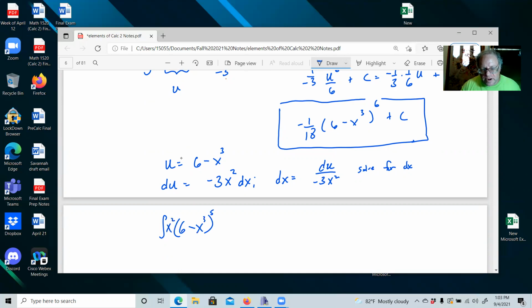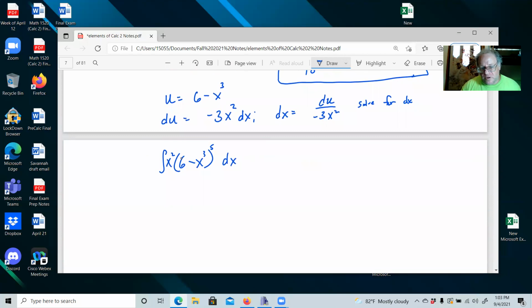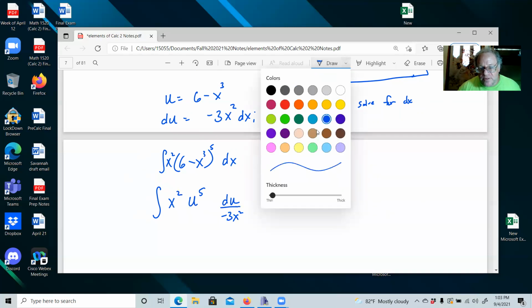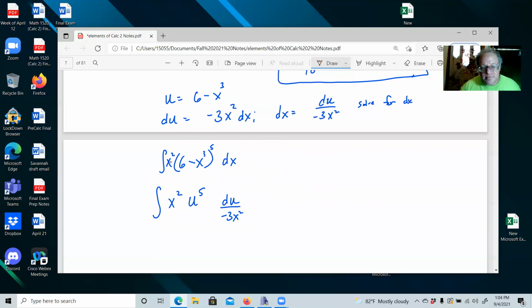We have an x squared here. So we're going to write x squared, and this part is u, so that's my u to the 5th. Now dx is equal to du over negative 3x squared, so you see that the x squareds cancel. This negative 3 again shoots outside of the integral sign.